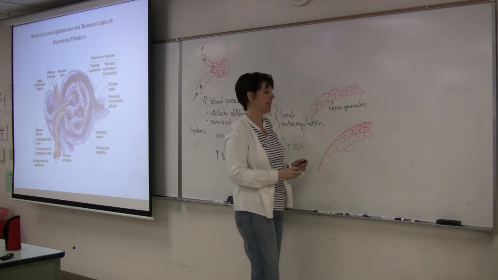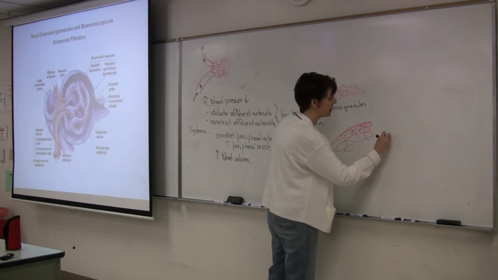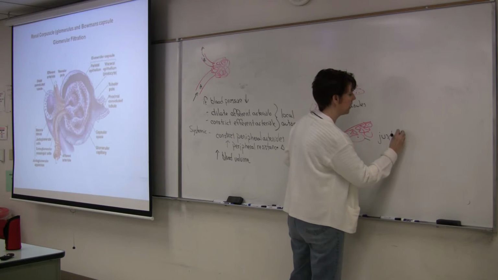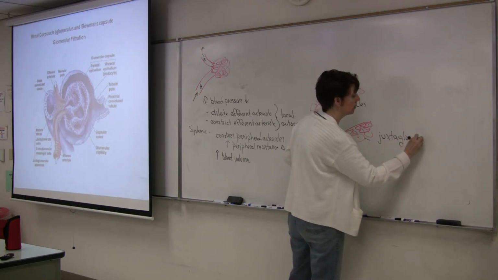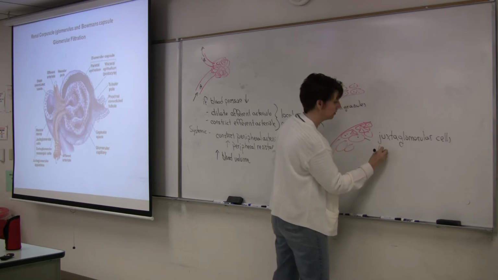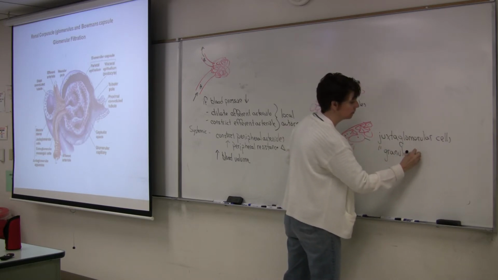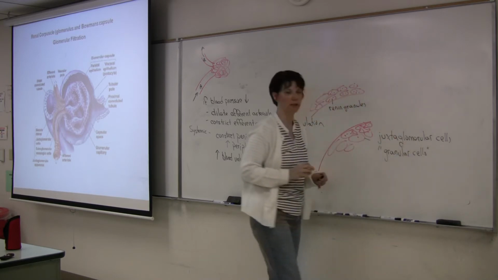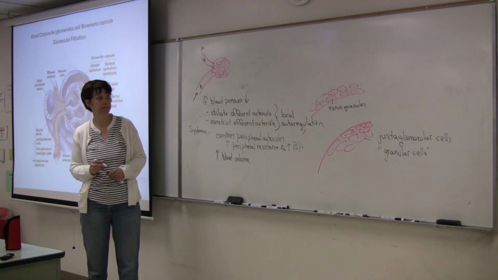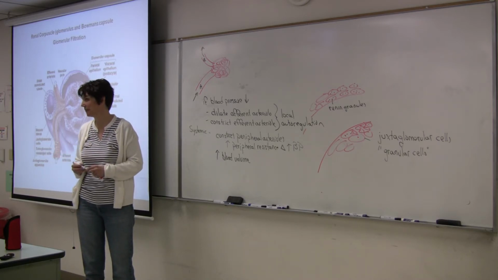So these smooth muscle cells are known as juxtaglomerular cells, where juxta means next to, or because of the granules of renin, granular cells. That's one part of our juxtaglomerular apparatus.